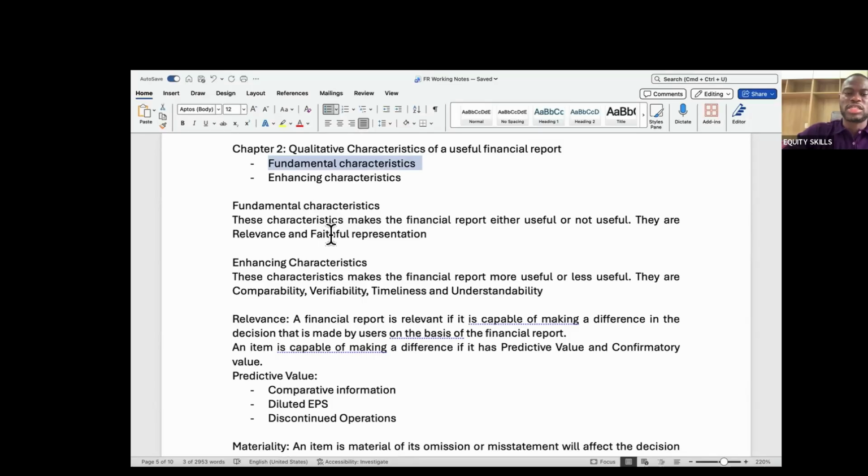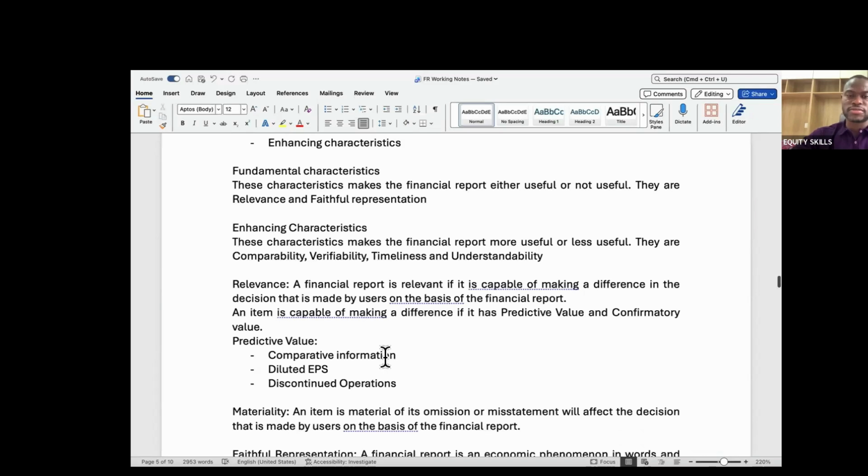We said the enhancing characteristics are four: comparability, verifiability, timeliness, and understandability. And we explained the two. We mentioned that relevance is what makes the information make a difference in the decision made by the user.